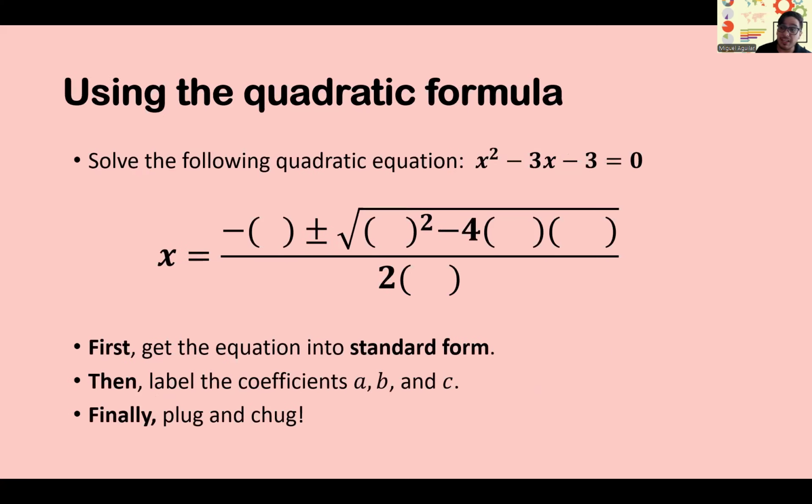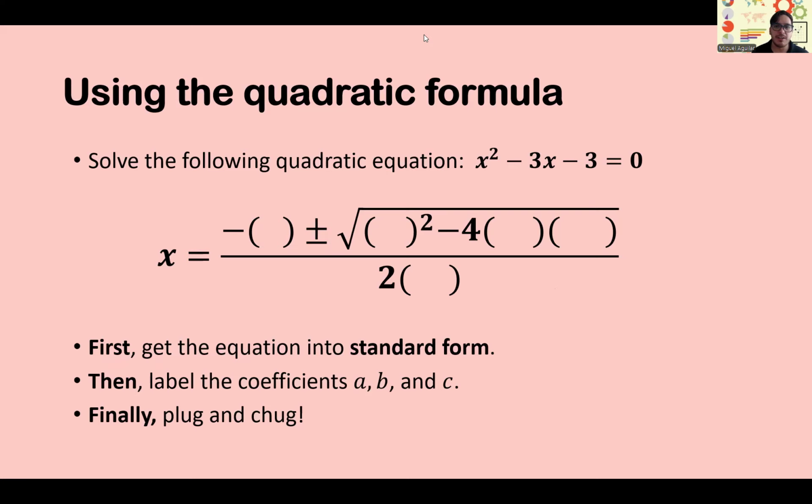Remember, those parentheses are kind of like placeholders for us in the same way that variables are placeholders, okay? So we're dealing with this equation, x squared minus 3x minus 3 equals 0, okay? And then we want to write down the quadratic formula, but leaving our parentheses open so that we can have a space to substitute in the coefficients a, b, and c.